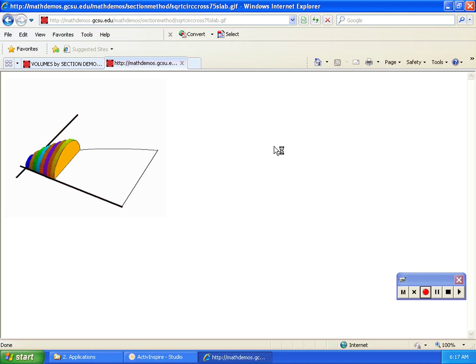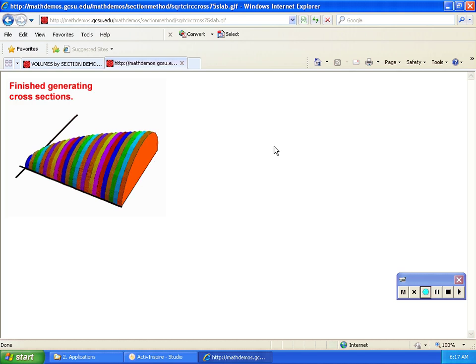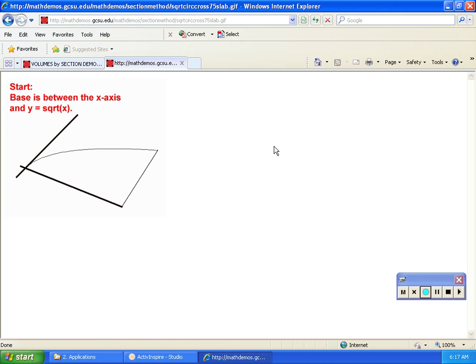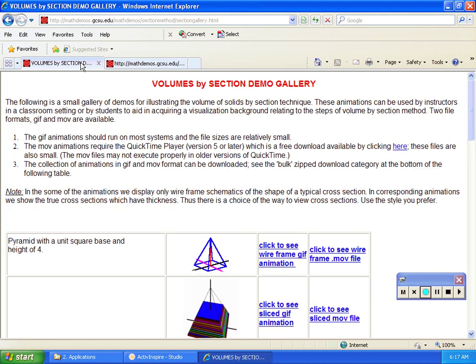Really what we're going to do is put an infinite number of slices in here, but this is just giving you an idea of what this solid would look like. Our plate, our base, was the square root of x, and then we made a cake out of semicircles, and this is what the cake would look like. It's going to keep doing that over and over again.